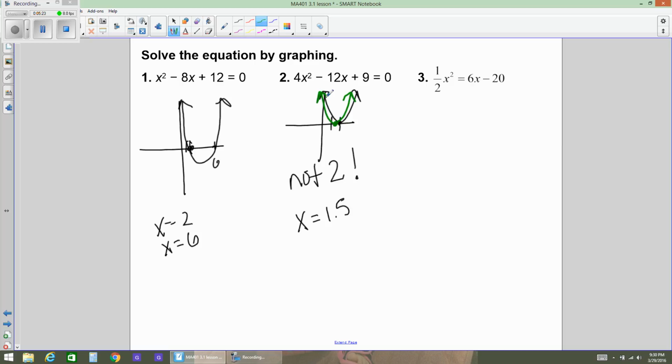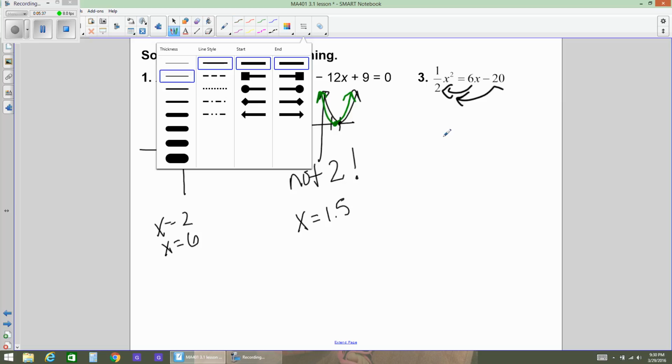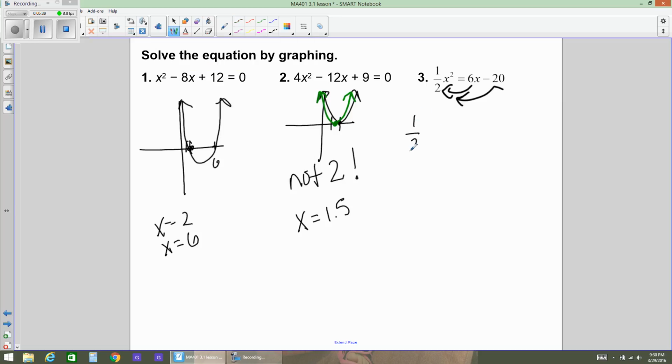Okay, now let's try number 3. I cannot plug this in the calculator until I move everything to one side. I'm going to change my size again. So I have 1/2 x squared minus 6x. I subtracted it over to the other side.